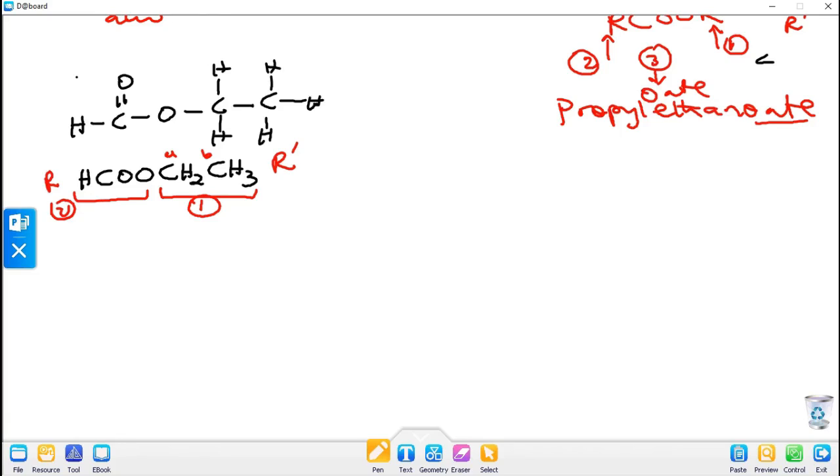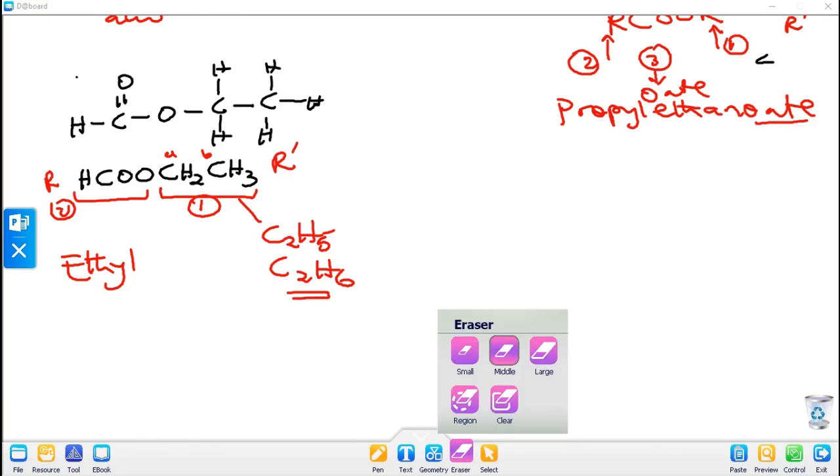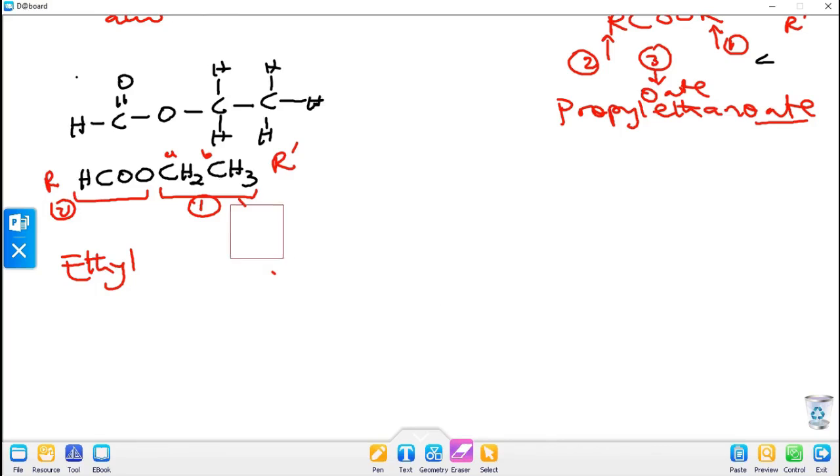Since there are two carbon atoms, that means the compound is ethane-based. Since it has lost one hydrogen, it is going to be ethyl. Ethyl, because this is C2H5, and there is a compound called C2H6, which is ethane, but this is C2H5, so it has lost one hydrogen atom, and that is why it is no longer ethane, but ethyl. So we simply say that is ethyl.